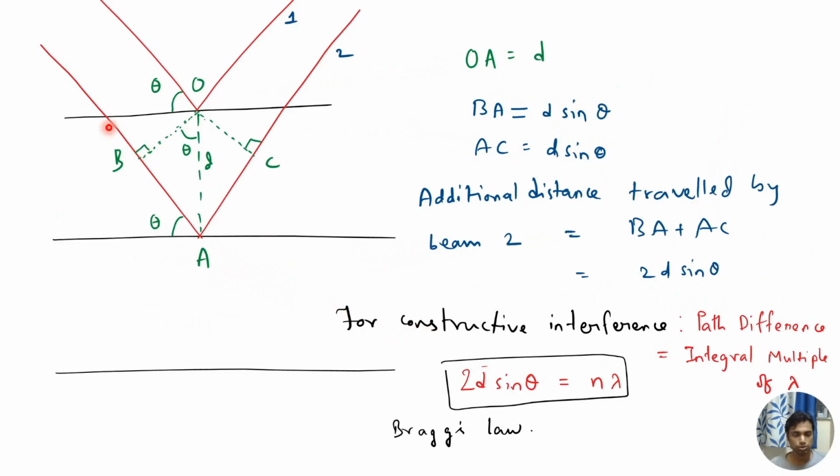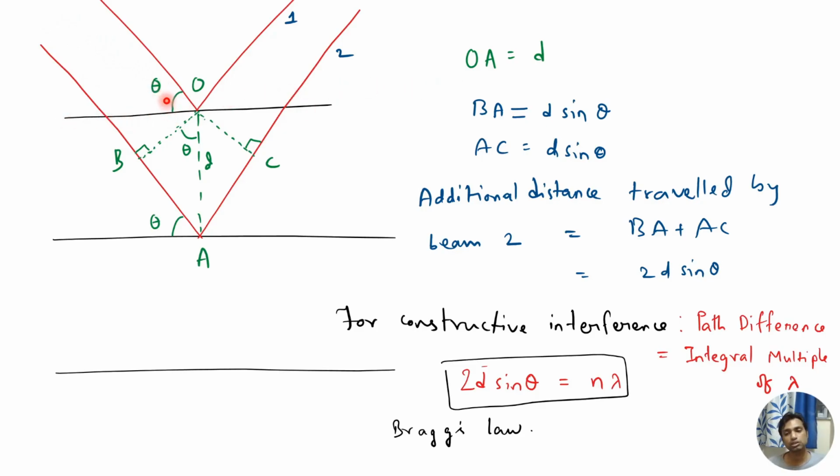Now, it is the same diagram. Light is coming here and going away like this, and beam 2 is coming like this and going away like this. OA is the interplanar spacing, and OB and OC are the perpendicular spacings between these beams.